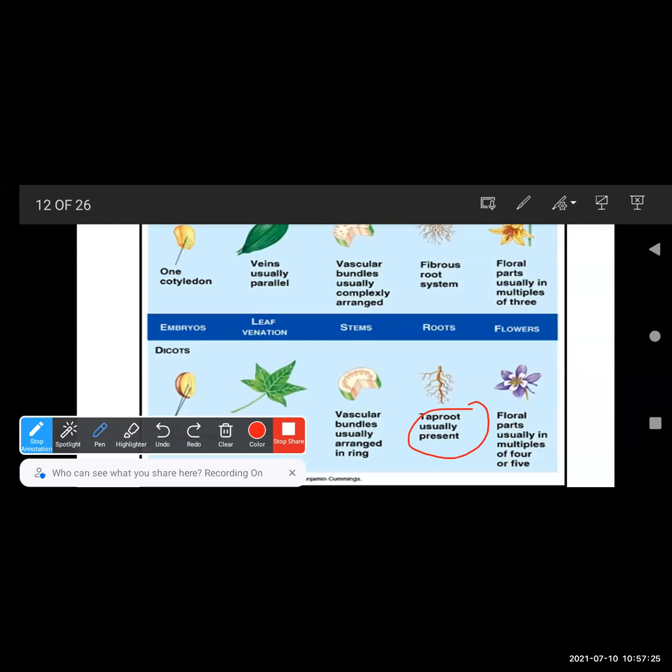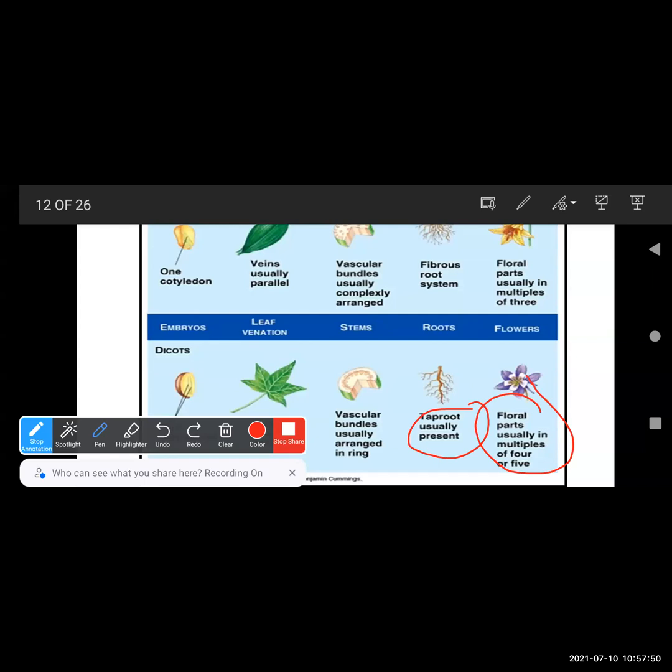Then flowers: in monocotyledons, the floral parts are usually in multiples of 3. That means the petals of the flowers will be 3 or 6, in multiples of 3. While in dicotyledonous plants, the floral parts are usually in multiples of 4 or 5.